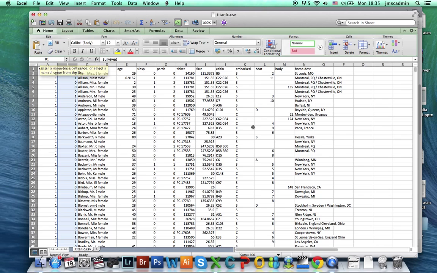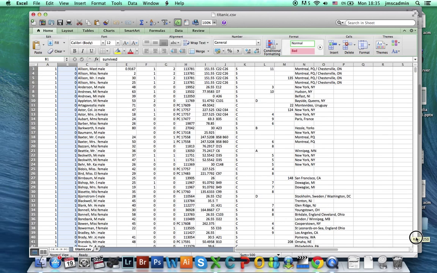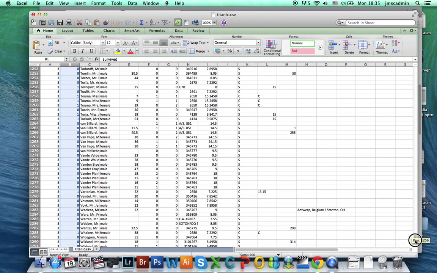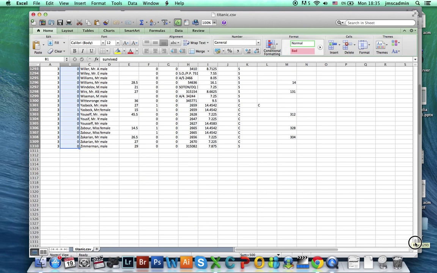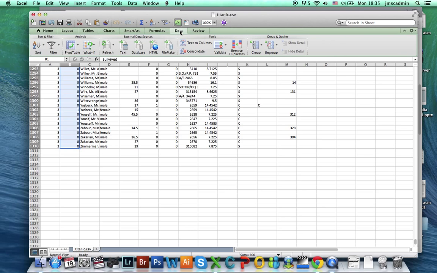It should be all the data, right? Yeah. And then we can go to data. Actually, we just create a pivot table to do the counting, so you don't need to count it by yourself.